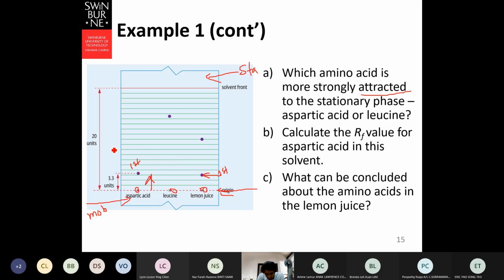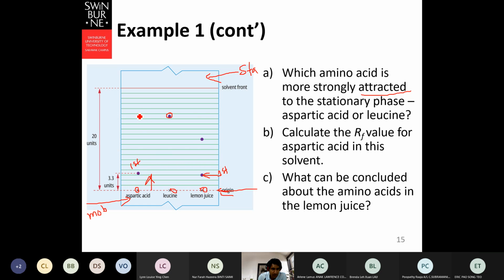But for the other case, we see there is another leucine.